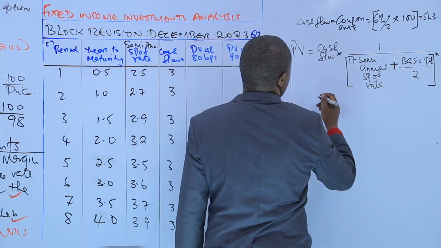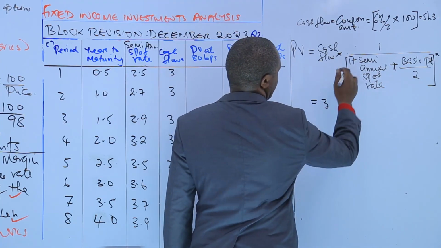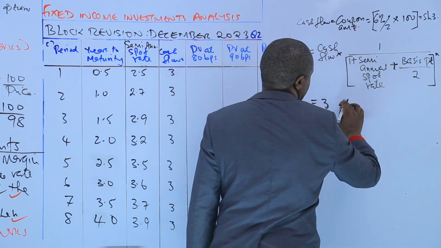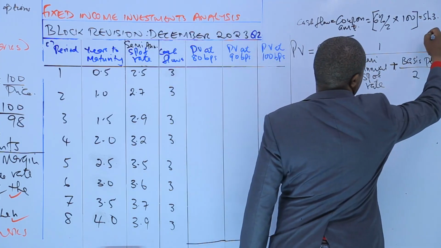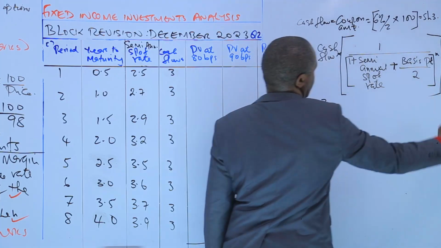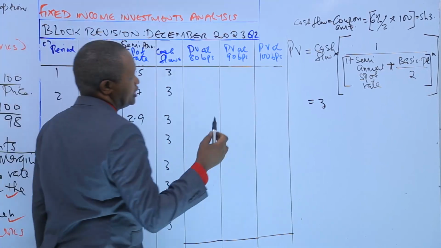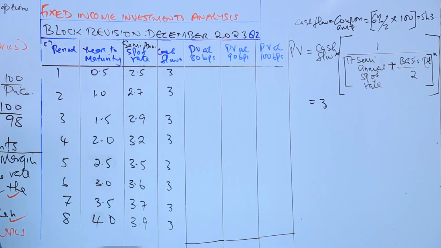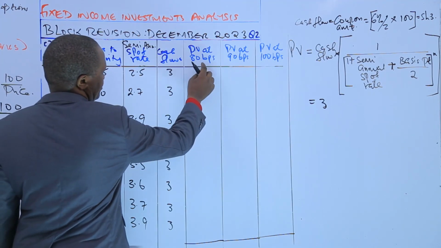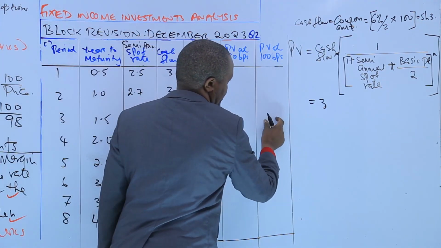We take the 3 shillings, then multiply by this factor. This is a discounting factor. We are required to calculate this, to discount these 3 shillings at every period at 80 BPS, and we do the same for 90 BPS and for 100 BPS.